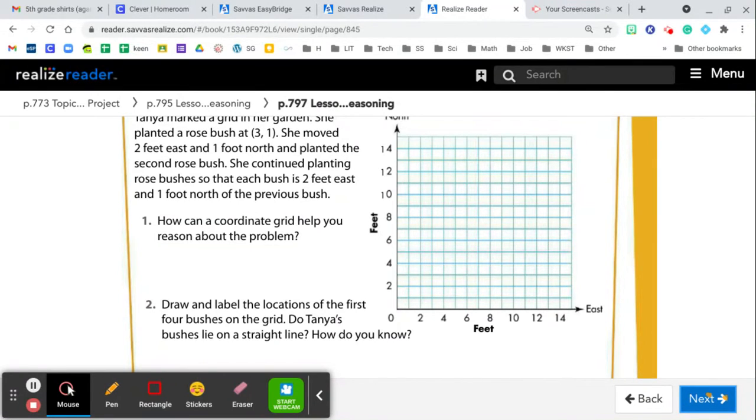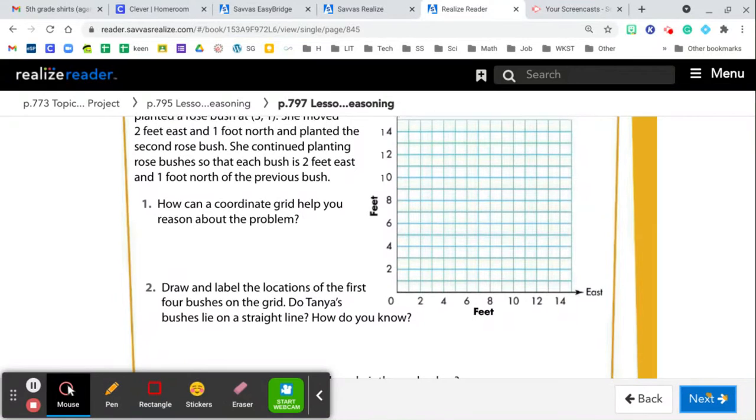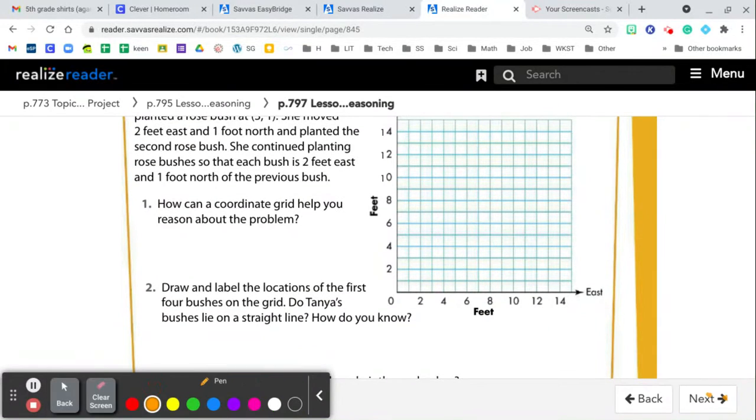Another thing that can help you is making a table. So let's get our table going. This will help you in the chapters coming up. We're starting our first value, we have our X and our Y, and our rose bush is going to start at 3, 1. And we're going to increase by 2 feet east.